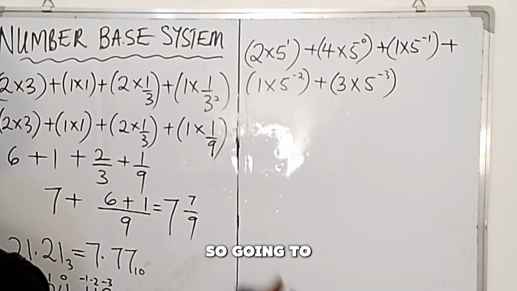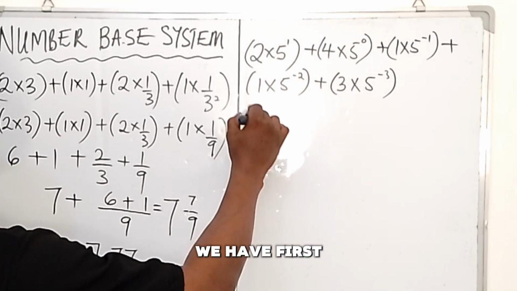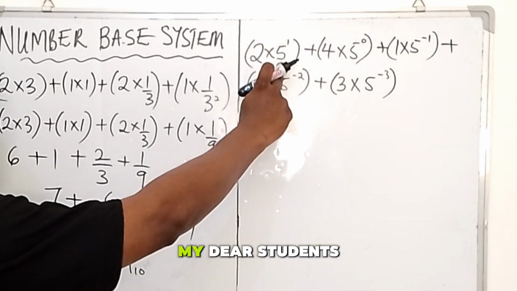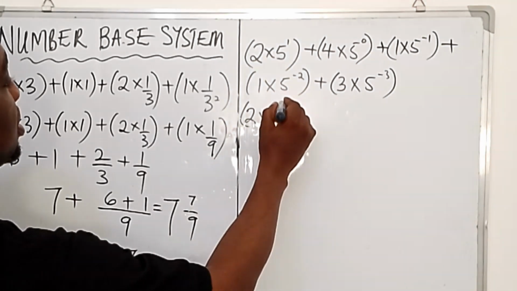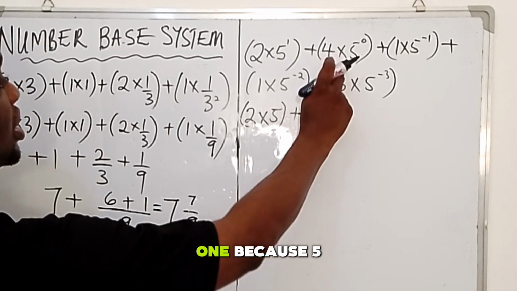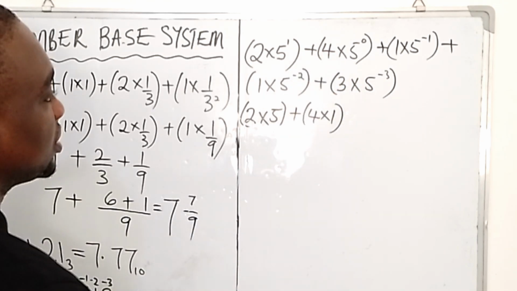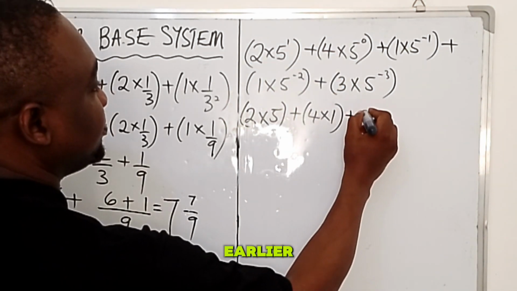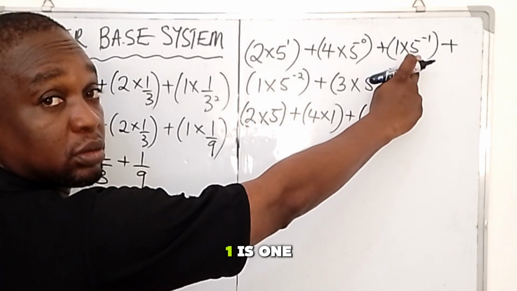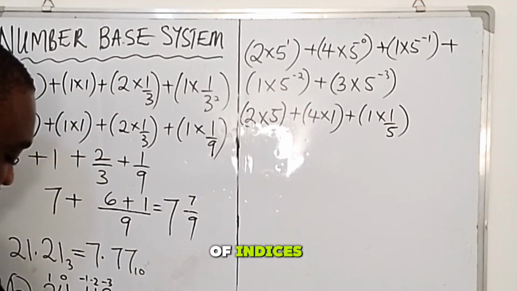So going through this, expanding this, we have, first of all, 2 times 5, because 5 to power 1 is 5, my dear students and viewers, plus 4 times 1, because 5 to power 0 is 1. I said that earlier. 1 times 5 to power minus 1 is 1 over 5 from our laws of indices.